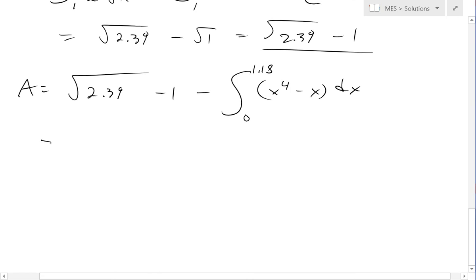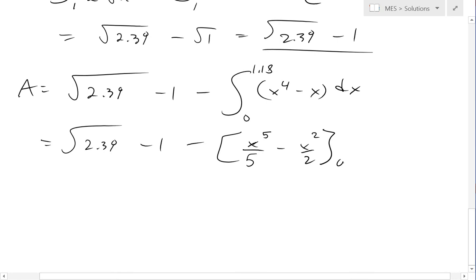And now we can easily solve that integral. 2.39 right here, minus 1, minus, in brackets, x to the power 5. So we add a power, and then we divide by this power 5, minus x squared over 2. Now this is from 0 to 1.8.